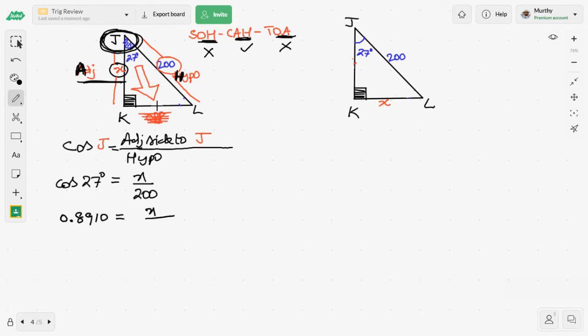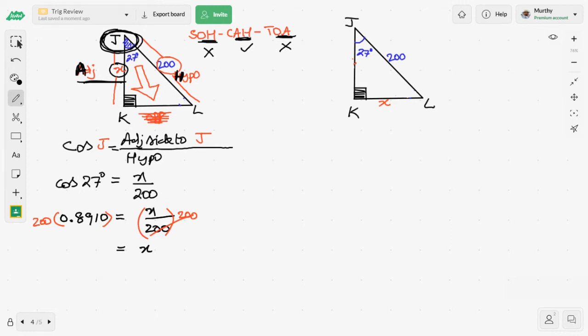So 0.8910 equals x over 200. Always our focus is to get rid of the denominator. Denominator means division, so let me take times 200 on both sides. This is pretty simple. X equals 200 times 0.8910.